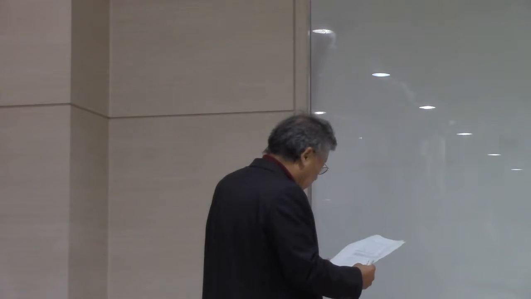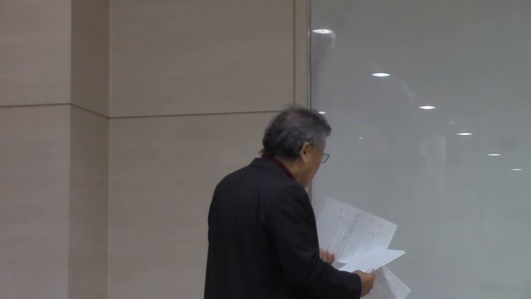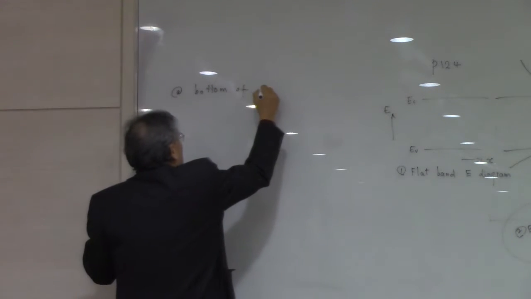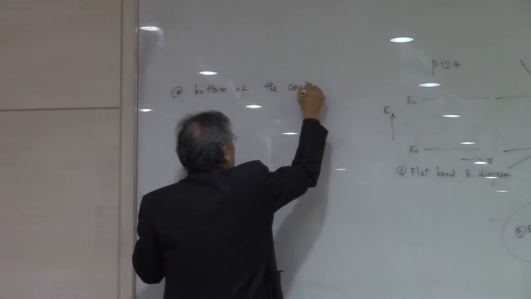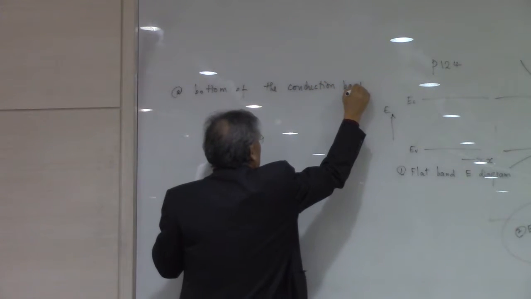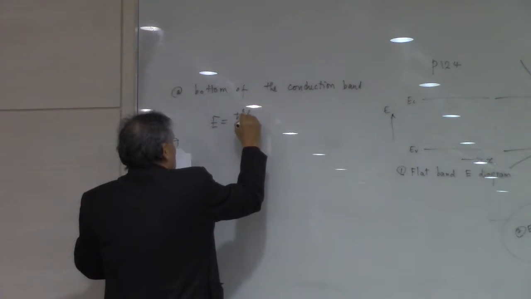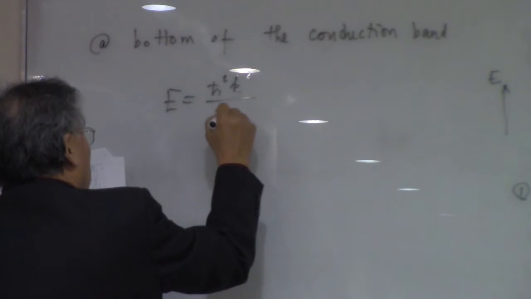Before we go into that, I want to mention that at the bottom of the conduction band, we have a free electron-like behavior so that the energy can be described as h bar square k square over 2m.